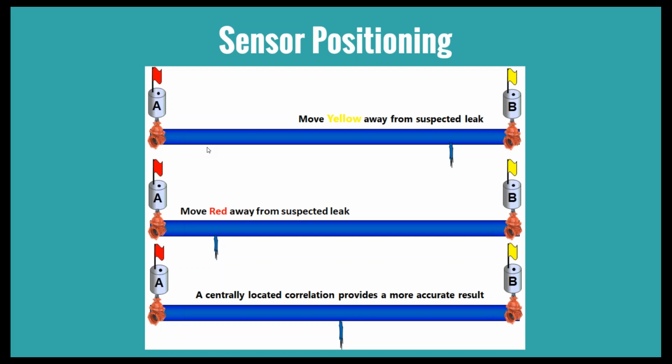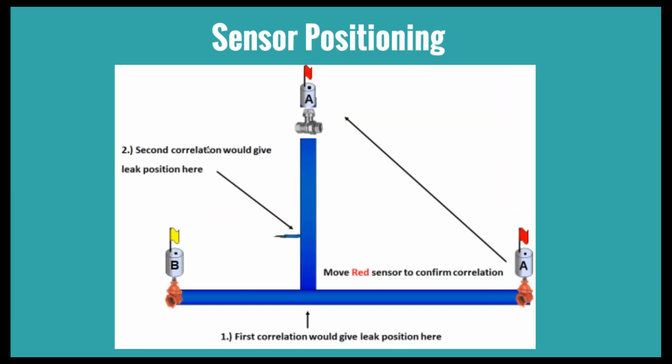Again, the correlators do give you distances of where your leak is from A and from B, and you can use that information to then go out and use ground sounding to verify before you start excavating.